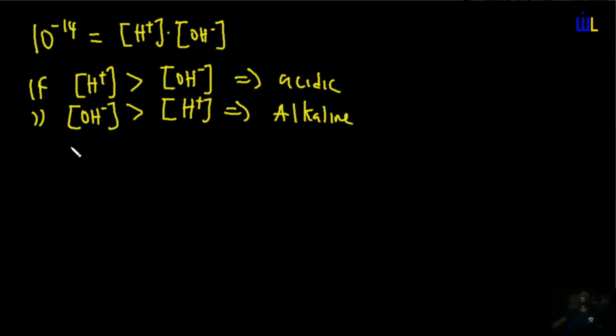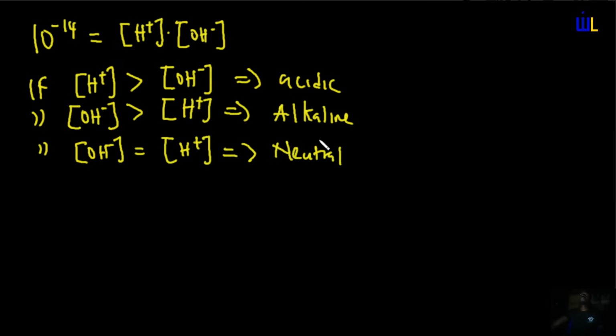And we can come to the conclusion that if the concentration of hydroxyl ion is equal to the concentration of hydrogen ion, the solution is said to be neutral. So please have this in mind. When hydrogen ion is greater than OH, acidic. When OH is greater than hydrogen ion, alkaline. But when they are equal, it's said to be neutral.